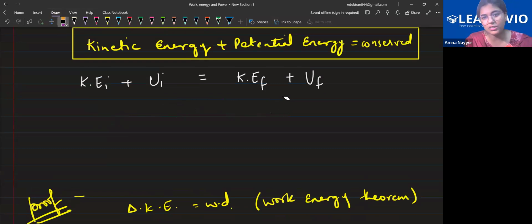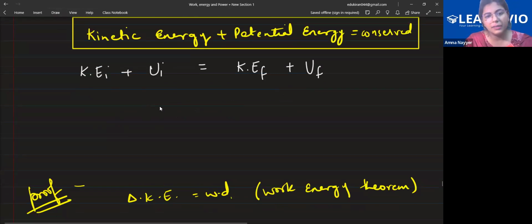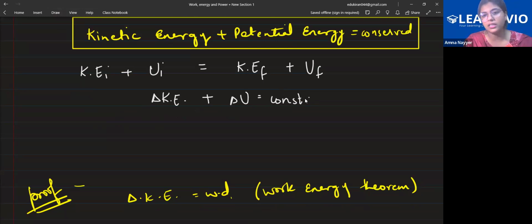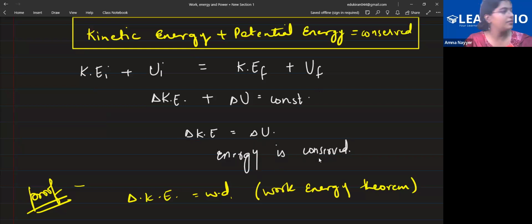If you get the opposite signs, it might not work. Basically, you can say change in kinetic energy plus change in potential energy is equal to constant, or equal to 0. So both can be equated. So if the change in kinetic energy is equal to the change in potential energy, we say energy is conserved.